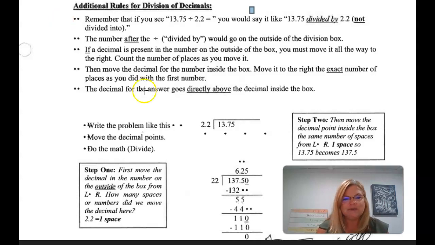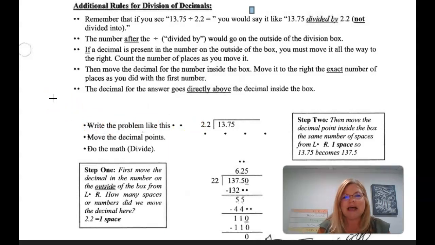So here, this is the box, or sometimes we call it the doghouse. It's what number are we putting in the doghouse in order to divide by the number. So it's really important that we understand how to set up that problem.